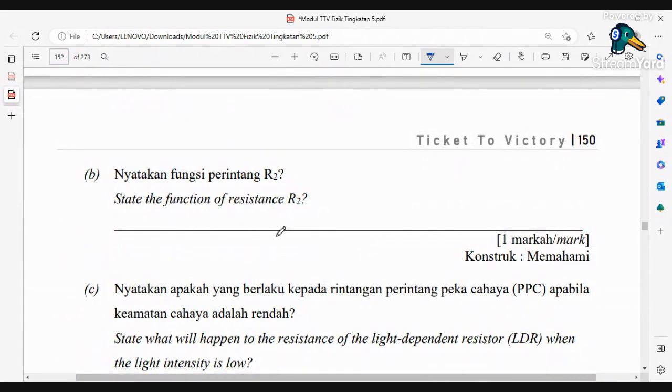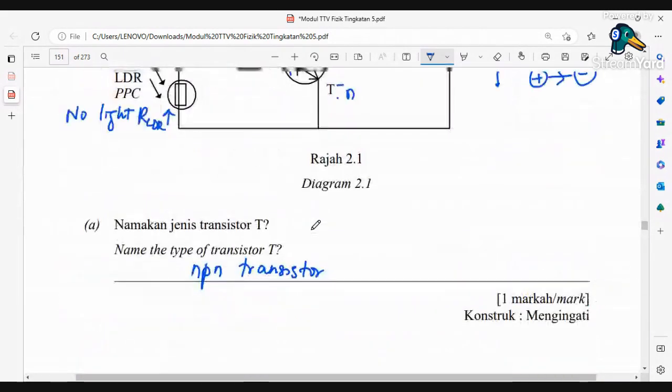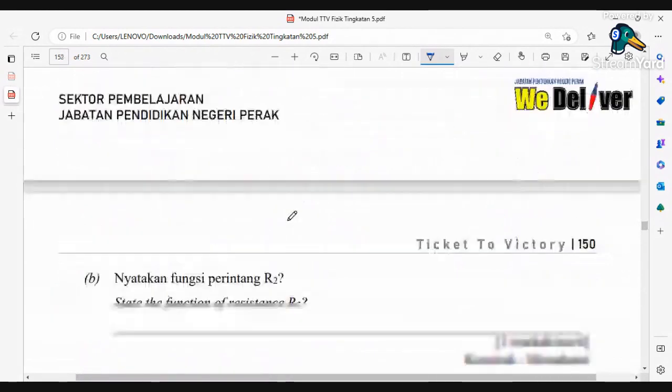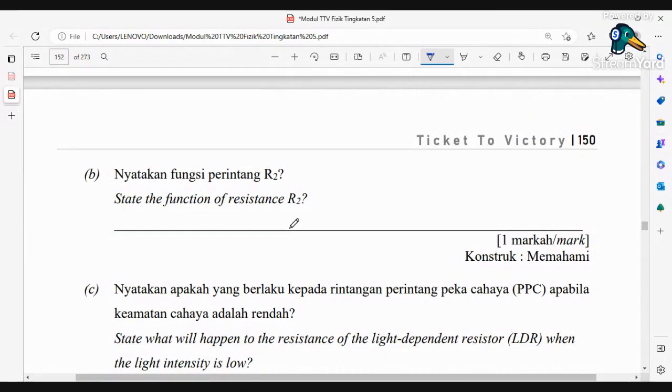State the function of resistor R2. R2 is to limit the base current because if the current is too large, it will spoil the transistor.